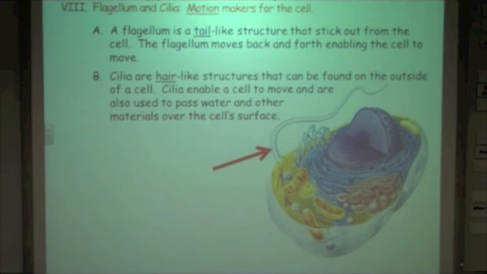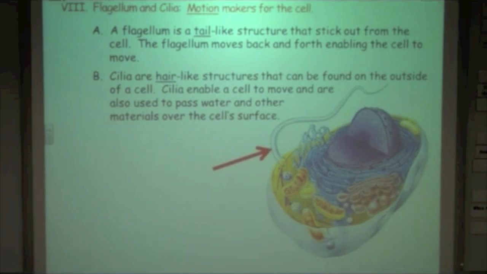Okay, flagellum and cilia. Now, these are the motion makers for the cell. These are only in animal cells. Let me emphasize that point again. These are only in animal cells. Only animal cells have the ability to move.